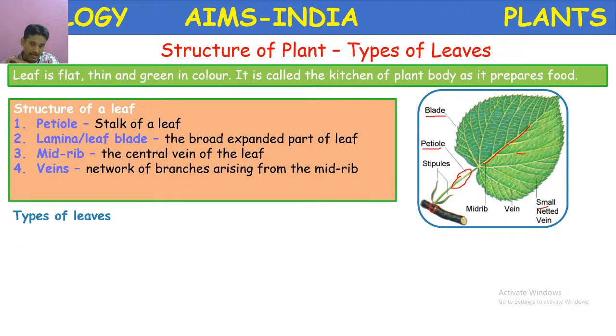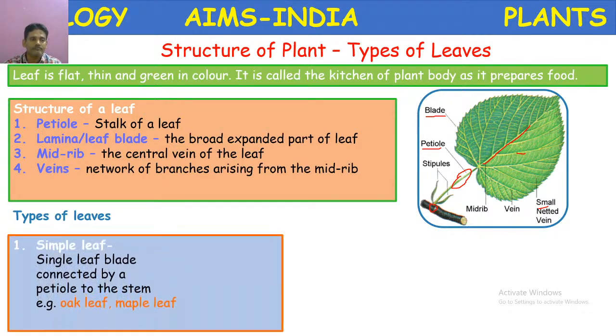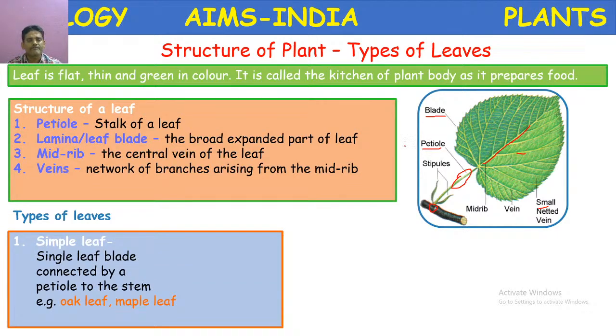So let us see the types of leaves. There are two main types of leaves: simple leaves and compound leaves. Now the leaf which I have shown is a simple leaf. Simple leaf means the leaf with the leaf blade connected by the petiole to the stem. This is a simple leaf.